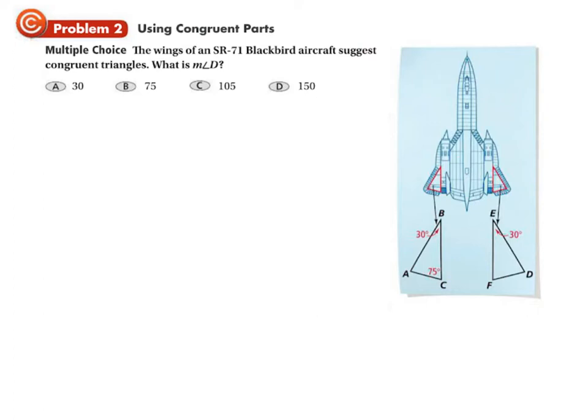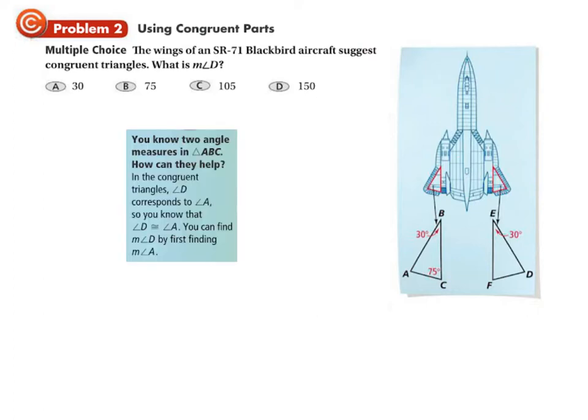And this is an important bit. How do you know? You know two angle measures. How can that help? Well, remember, if A corresponds to D and we know what B and C are, if we can find A, then we know that since that's congruent, then we can know D. So we first have to calculate that, right?